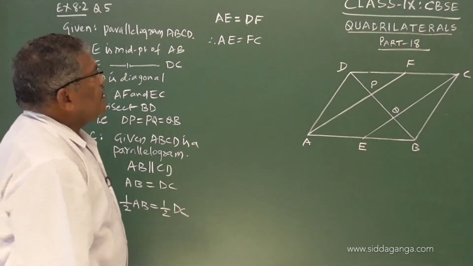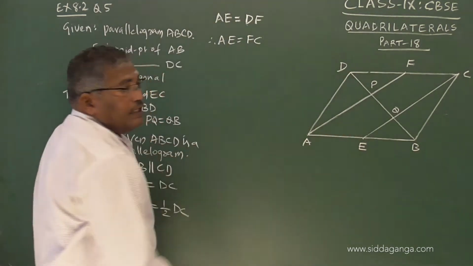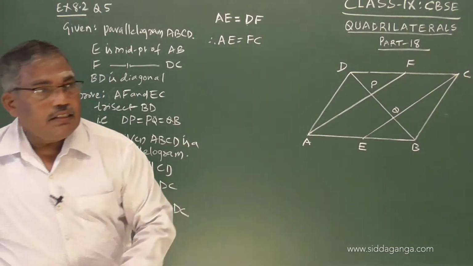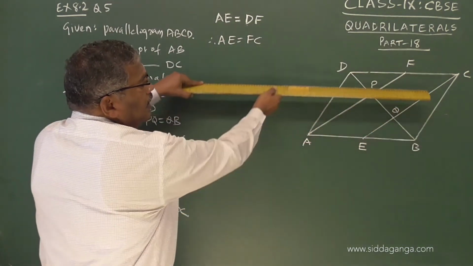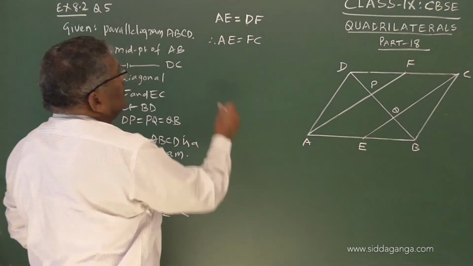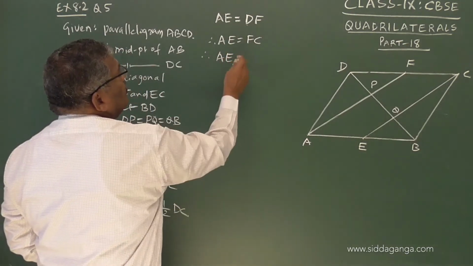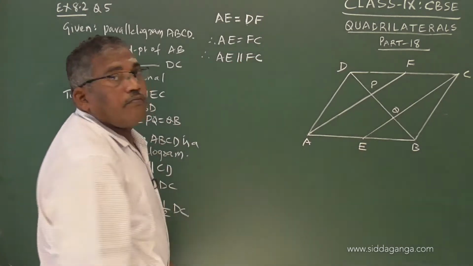AE is a part of AB and FC is a part of DC. Therefore, AE is equal to FC. Not only that, AE is parallel to FC.